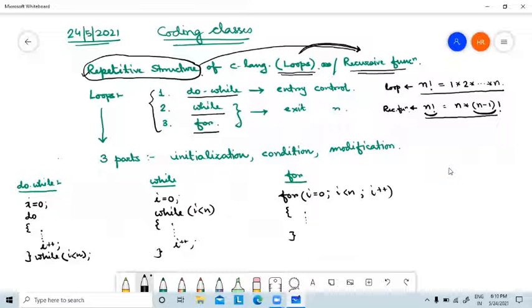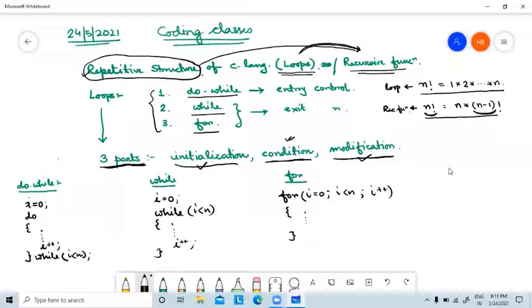For any loop structure we require three different parts that we have to control: initialization of the counter, checking the condition, that is when I should continue or whether I should stop, and modification of the counter.